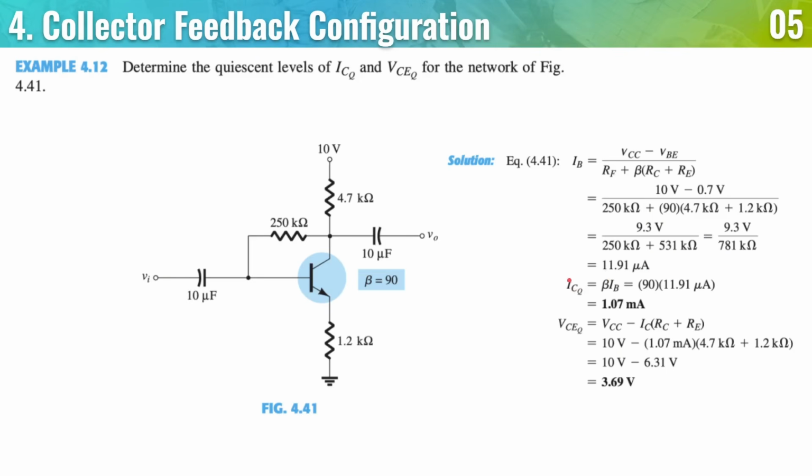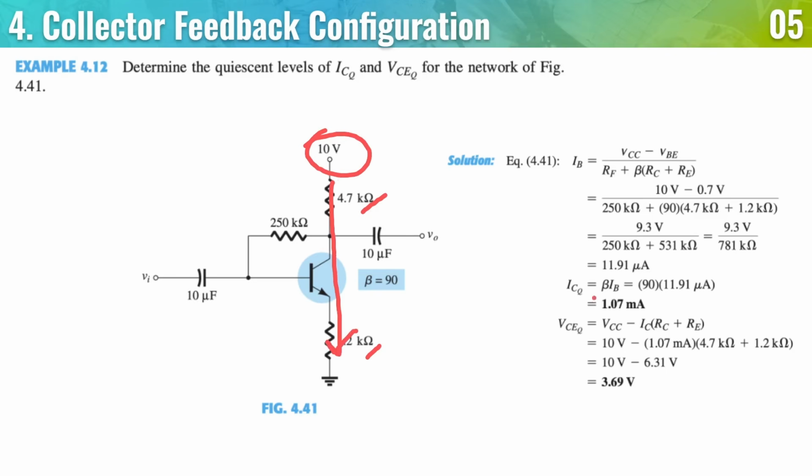So if you see IC sub Q, just assume that it is IC since there is no input signal given. And then you can substitute beta is equal to IB to get this value. Lastly, you have VCE subscript Q. So that's VCC minus IC times RC plus RE multiplied to the current flowing between them.